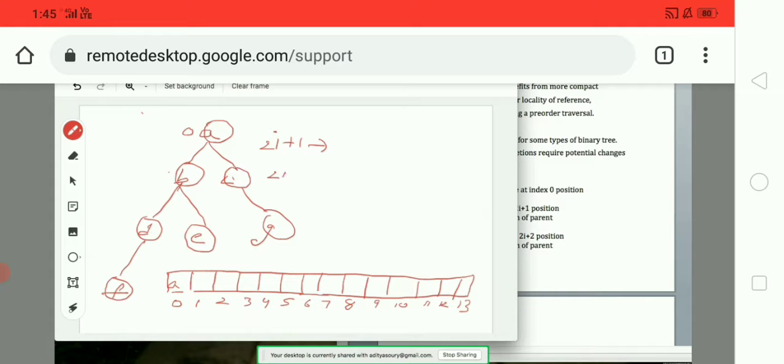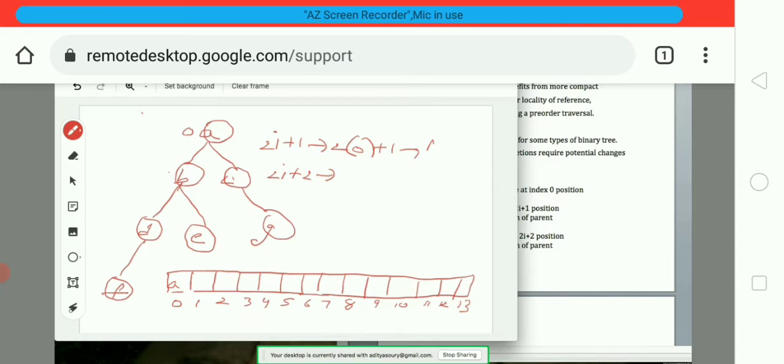If it is in right side, then we have to store at 2i plus 2 position. B is in left side, so we have to apply 2i plus 1, and i value is 0 because B's parent is A and the position of A is 0, plus 1, that means 1, and we have to store the B element in 1st position.